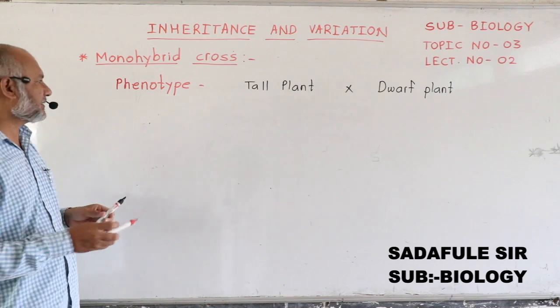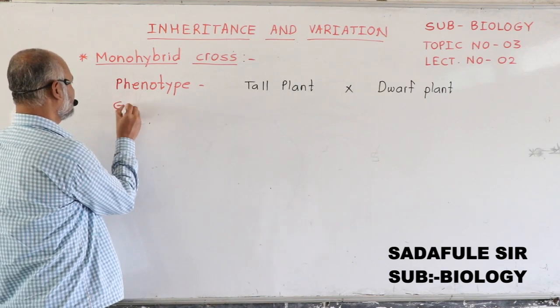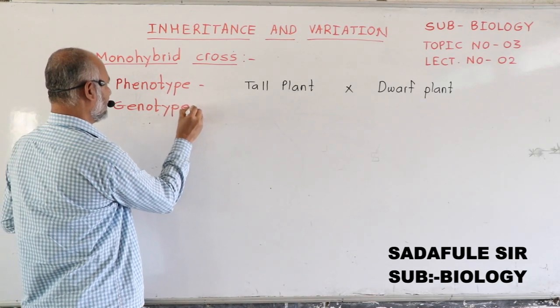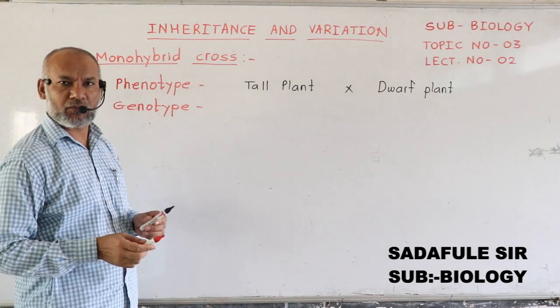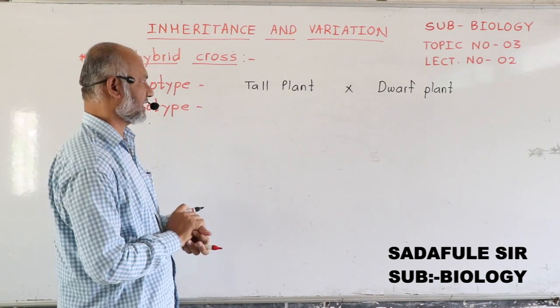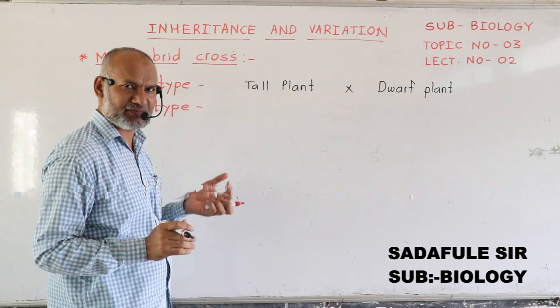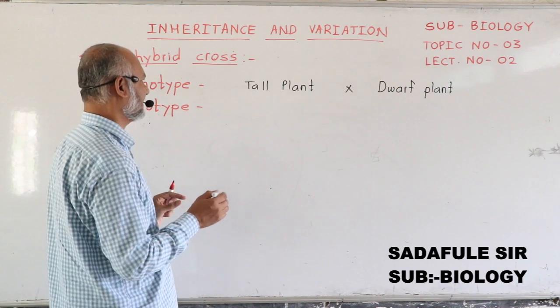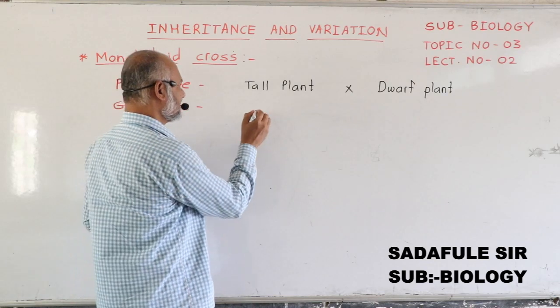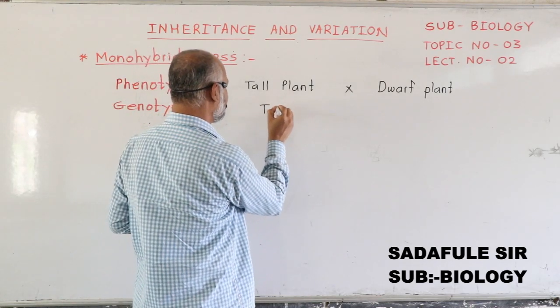Okay. Tall plant crossed with dwarf plant. Now what is the genotype of these plants? These plants are homozygous, and we know what homozygous means. Tallness is represented by capital T, and dwarfness by small t. These two plants form gametes.